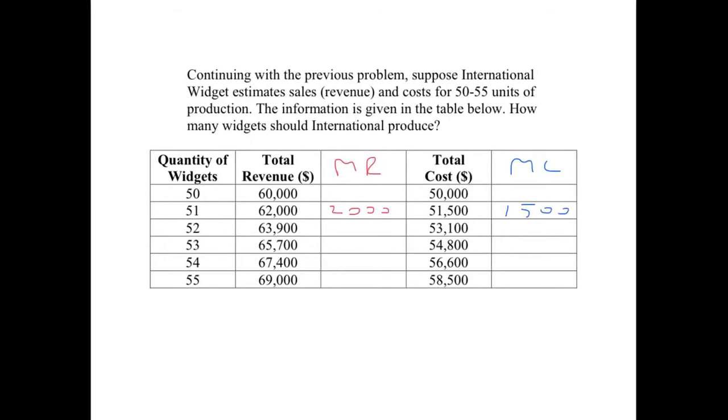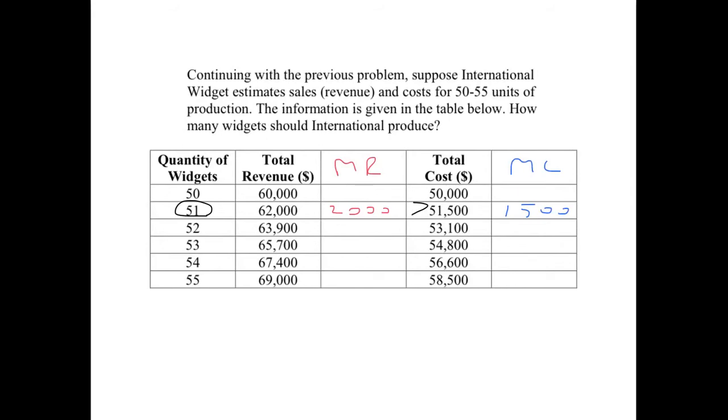And because marginal revenue is greater than marginal cost, the firm would indeed produce the 51st widget. It would be profitable for them to do so. In fact, it would increase their profits to do so.